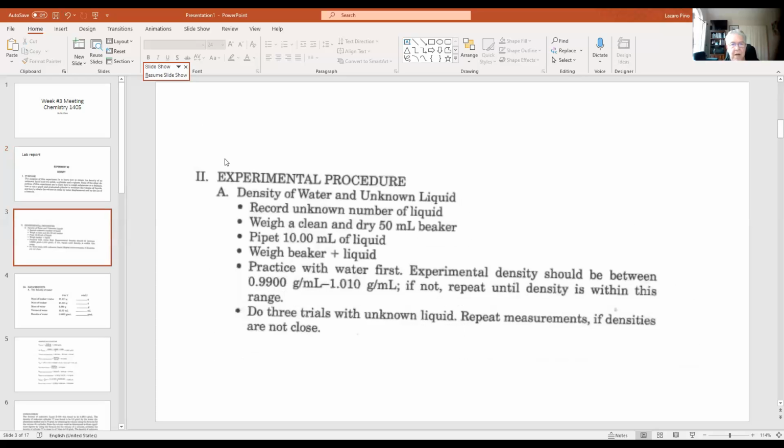Later, you have the experimental or procedure where you're going to write orders like record a known number of the liquid, weigh the clean and dry 50 milliliter beaker, pipet 10 milliliters of liquid, orders.